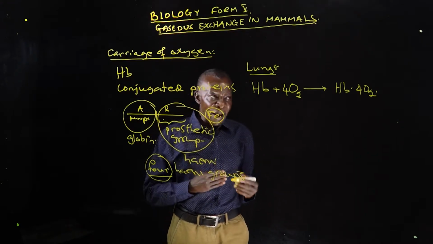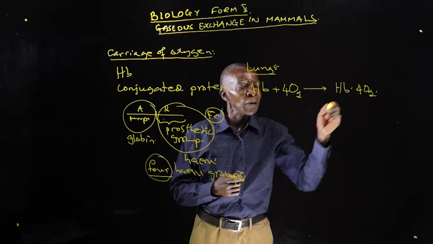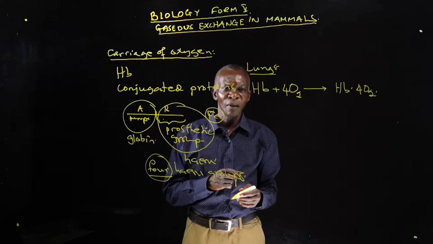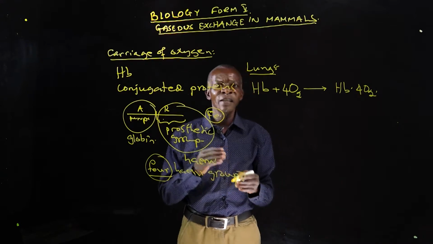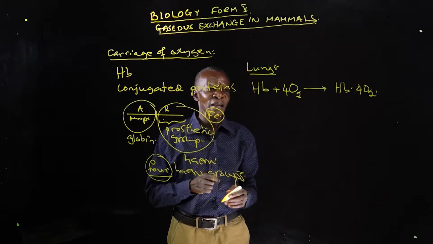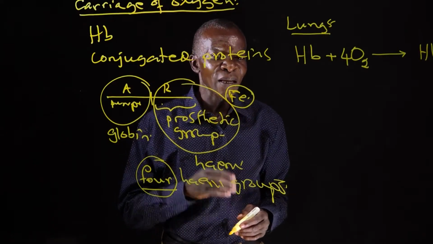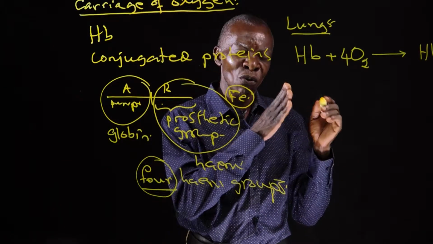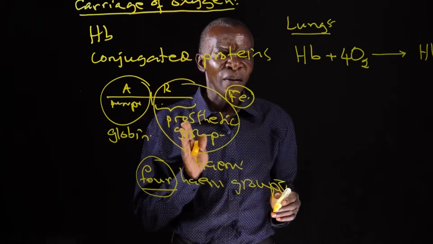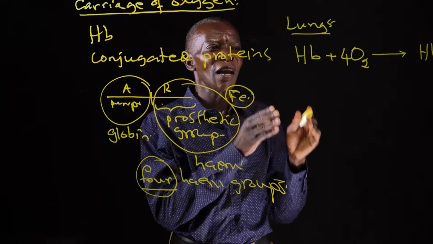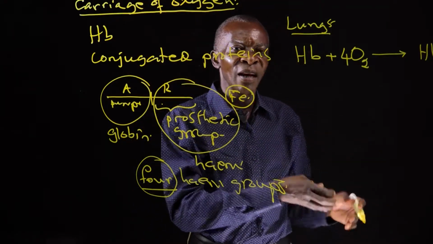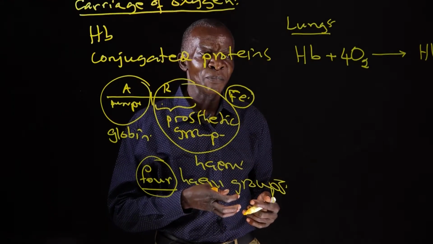Now, in areas where the partial pressure or tension of oxygen is low, for example in the muscles, and therefore where the tension of carbon dioxide is high, the hemoglobin's love for oxygen diminishes altogether. Hemoglobin is no longer in love with the oxygen. Rather, it shunts it there and then picks up carbon dioxide.